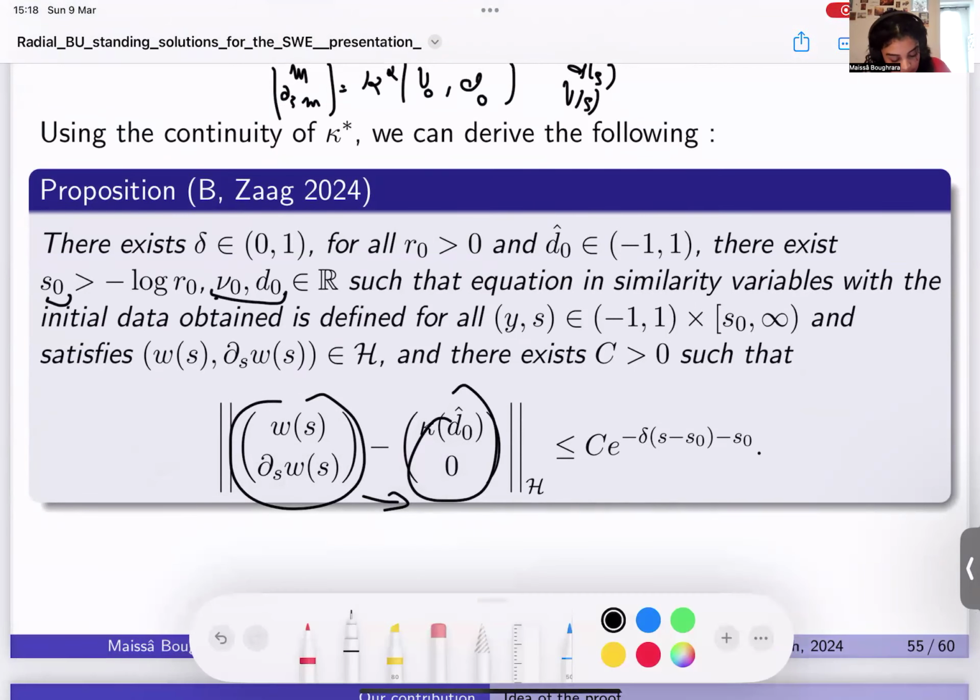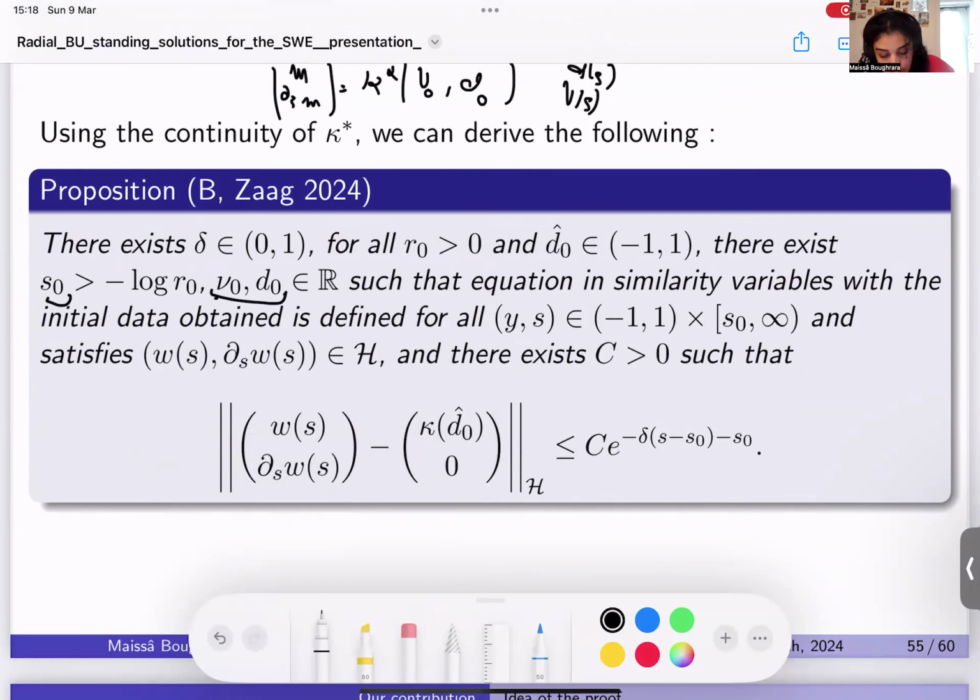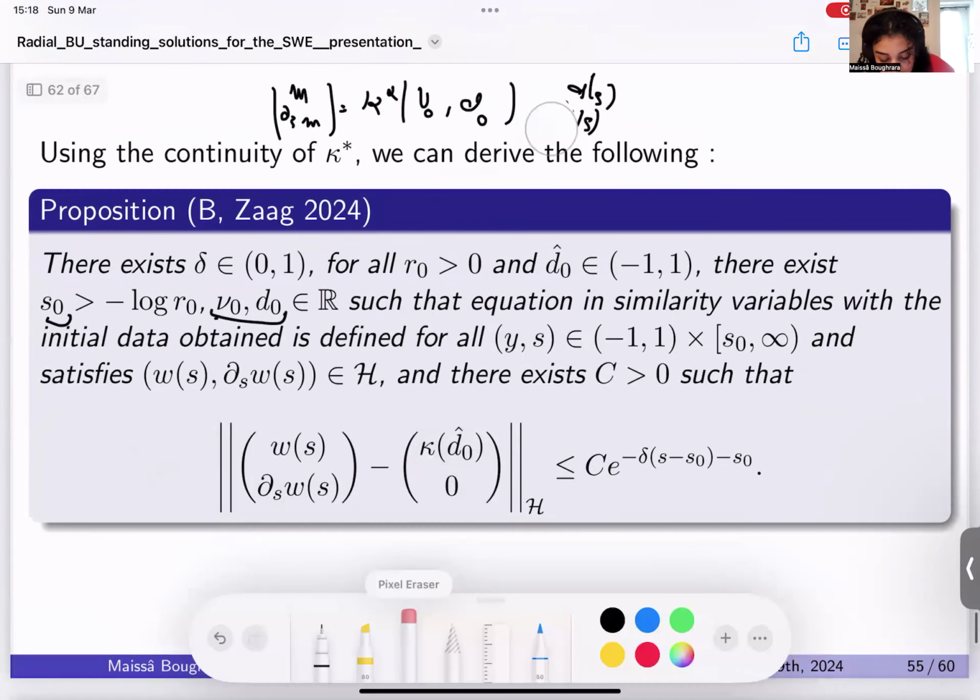This is a little bit confusing, because how did I end up from ds, mu s to this one?